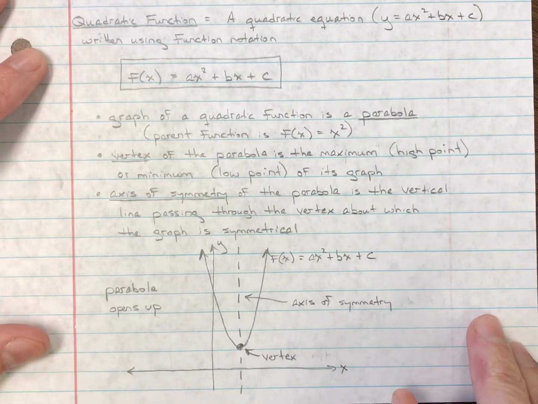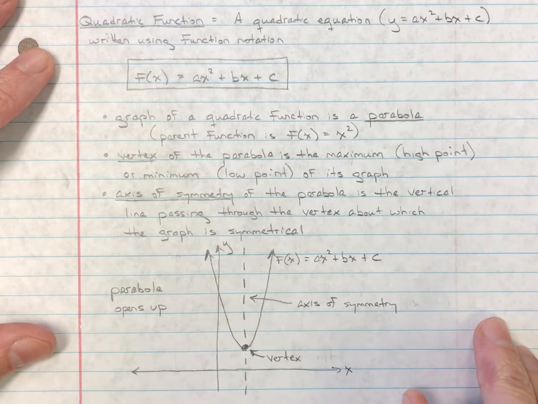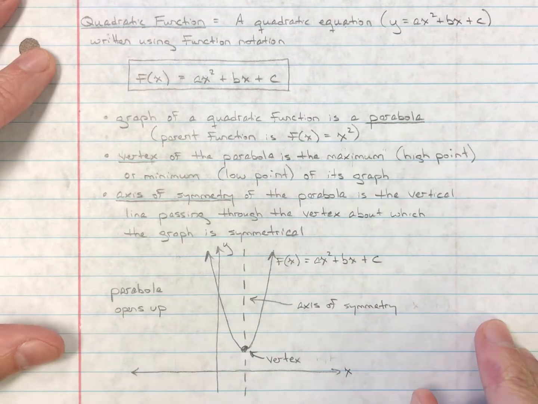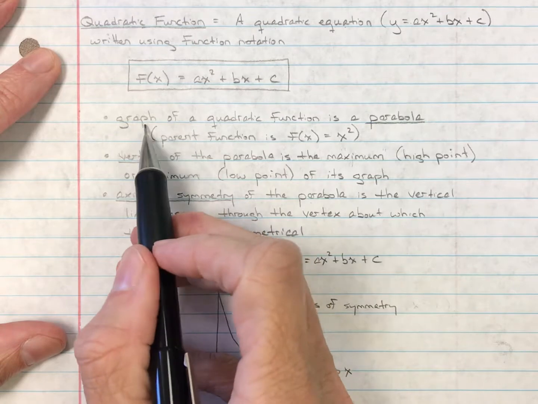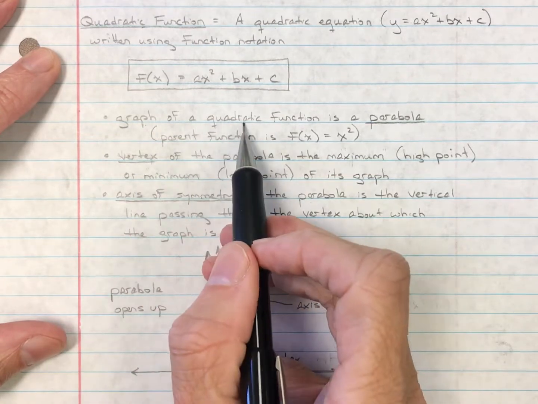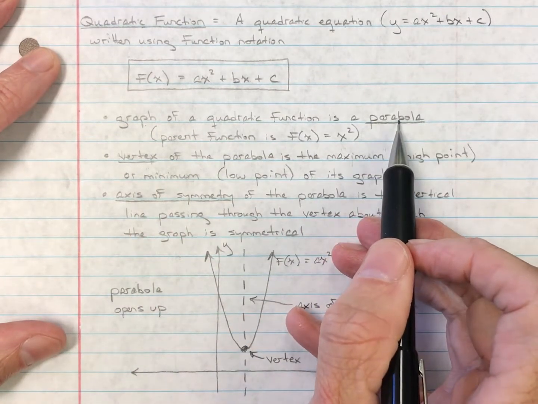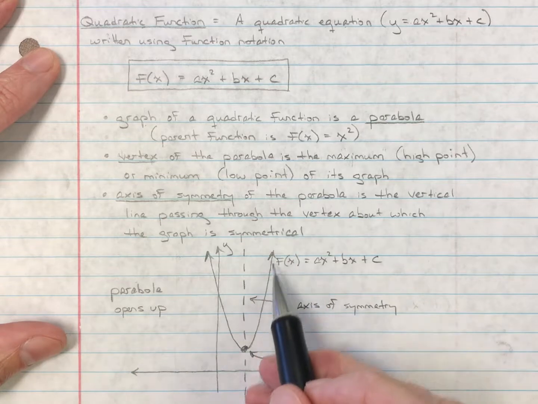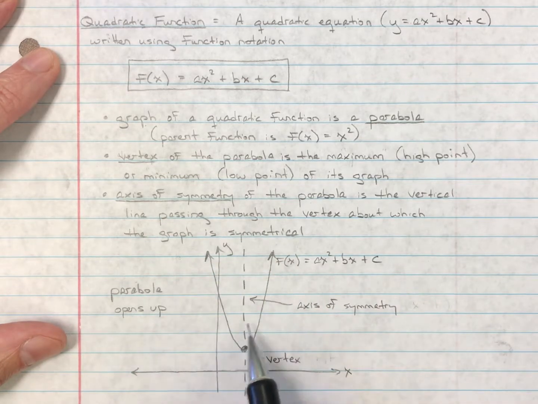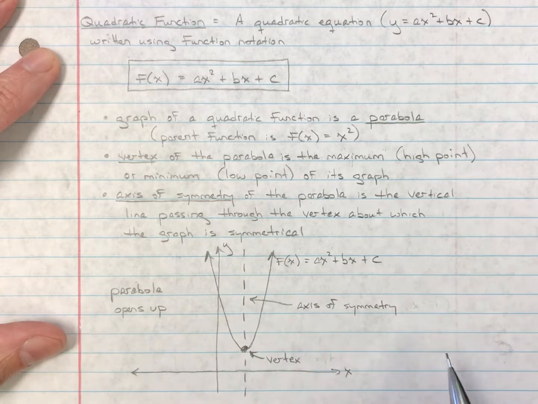Okay, so let's talk a little bit about some of the pieces that go along with this, in particular regarding its graph. The graph of a quadratic function is a parabola. You probably have seen that word before. A parabola looks just like this down here. It's a curve that opens up or opens down.